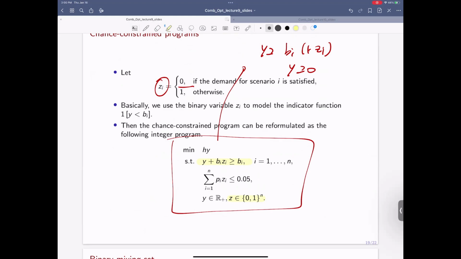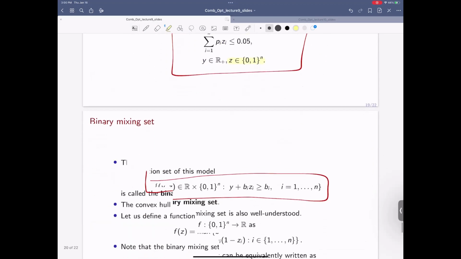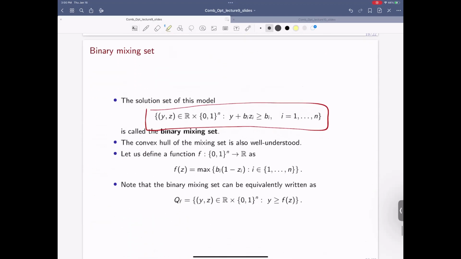We just focus on the set of inequalities and the binary variables, and look at the set of solutions satisfying those constraints. There's a special name for this set: people call it the binary mixing set.